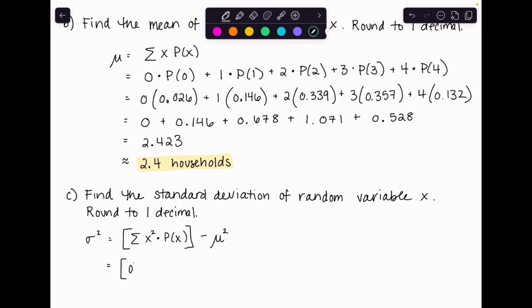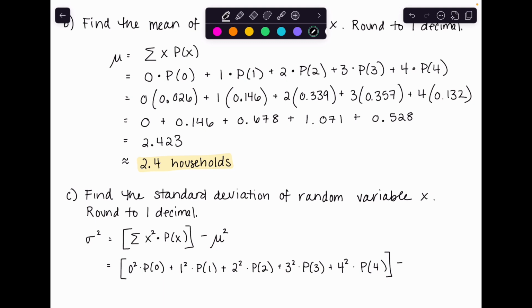So we need 0 squared times the probability of 0. 1 squared times the probability of 1. 2 squared times the probability of 2. 3 squared times the probability of 3. And 4 squared times the probability of 4. And then we need to subtract the mean household squared.